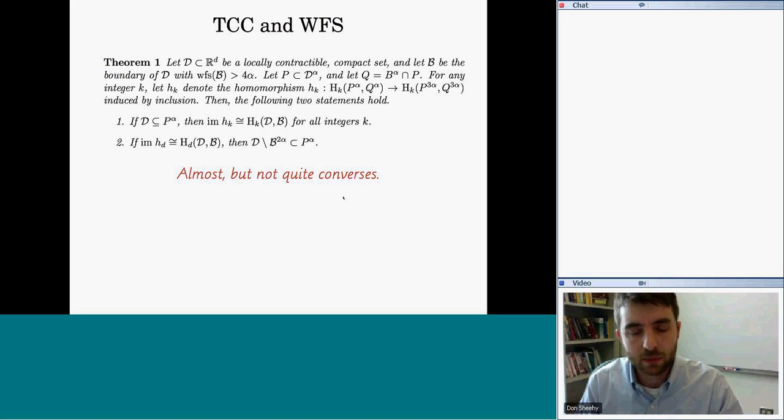This sets you up to see this connection between the total coverage criterion and this weak feature size based approach to homology inference.